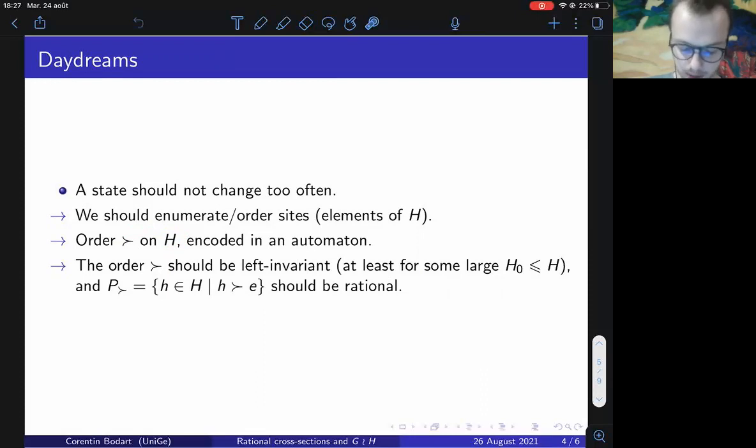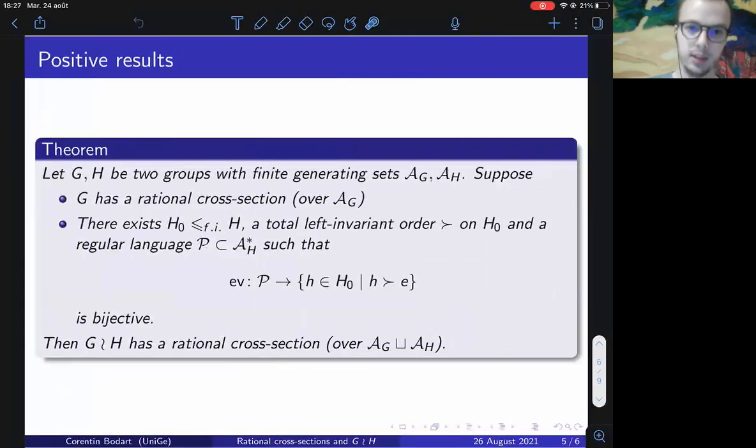What this implies is that the positive direction should almost always be the same, which means that the order should basically be left invariant. And also, as it's encoded in an automaton, the positive cone should be rational in some way. And indeed, if all of that holds true, then we do have a positive result.